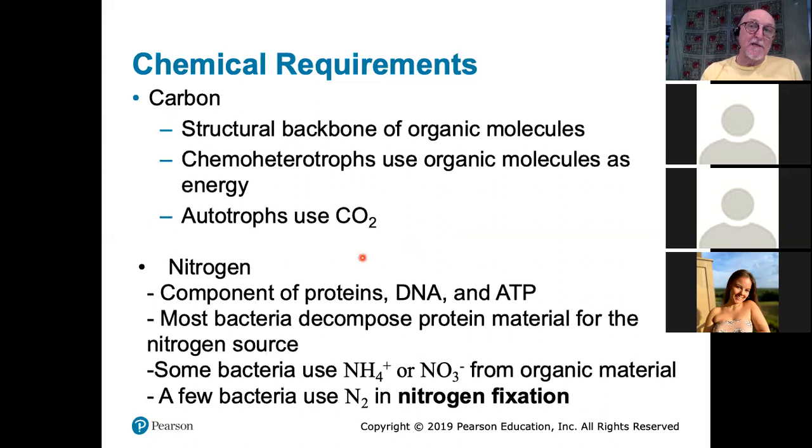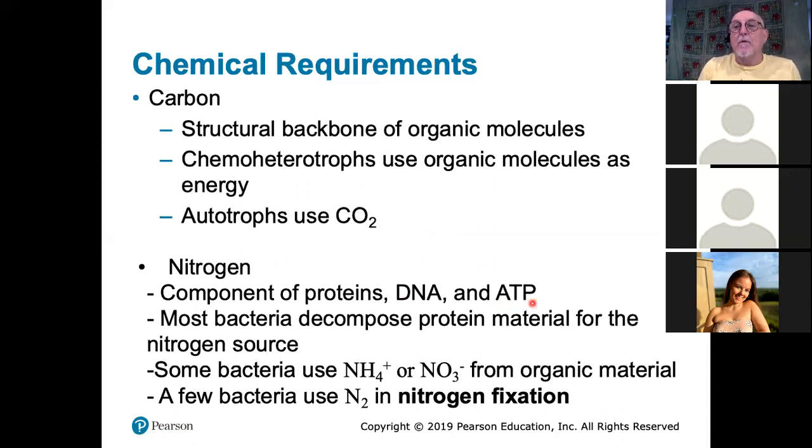The next most important is nitrogen. And nitrogen is a component of many different biomolecules. It's a principal component of proteins, of DNA, and you'll remember of all of the other nucleotides, including ATP, ADP, and many other molecules as well.